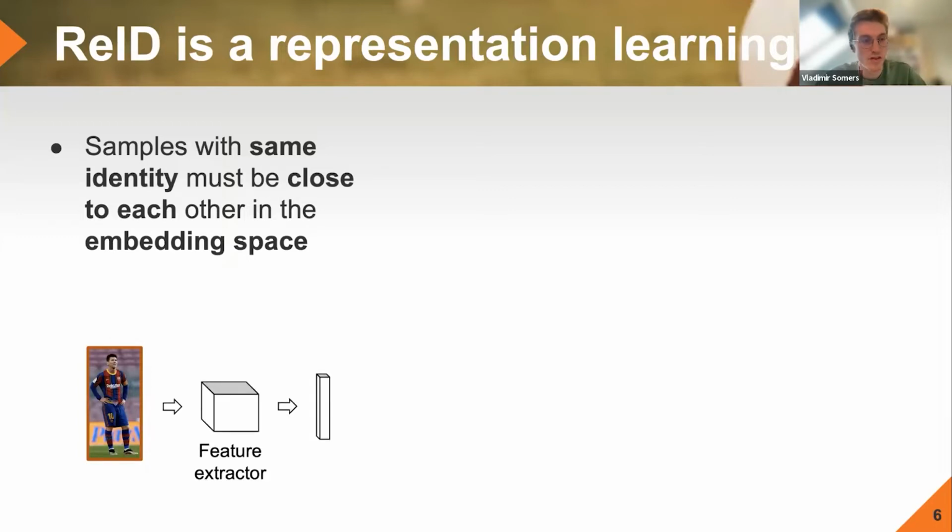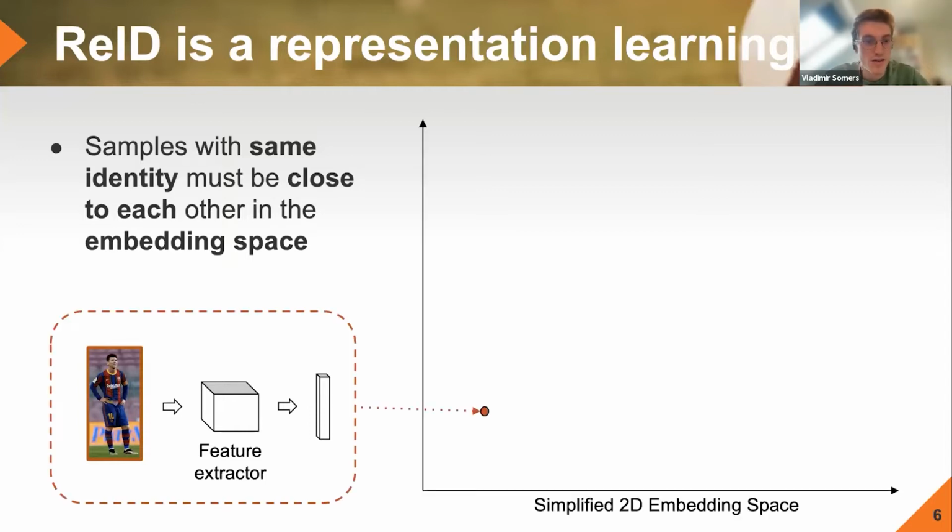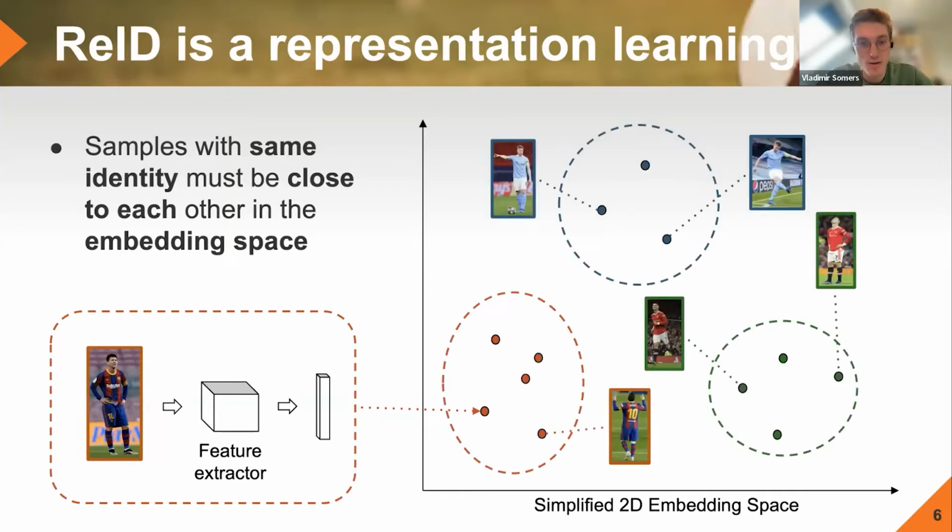This is what you see on the bottom left of the slide, for example, a ResNet 50, to obtain a feature vector as an output, or an embedding. And that feature extractor will be designed such that samples with the same identity are close to each other in the feature space, in the embedding space, and samples with different identities are far away from each other in that space.